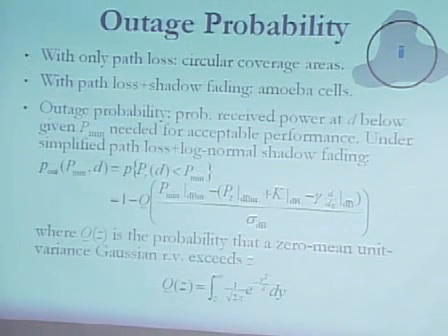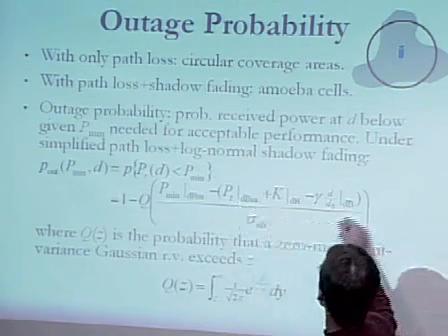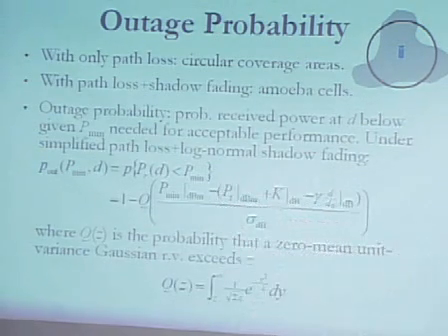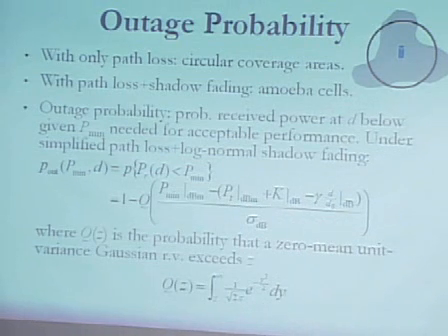Yes. This is the path loss. So the received power is the transmit power going through the path loss and through the shadow fading, right?